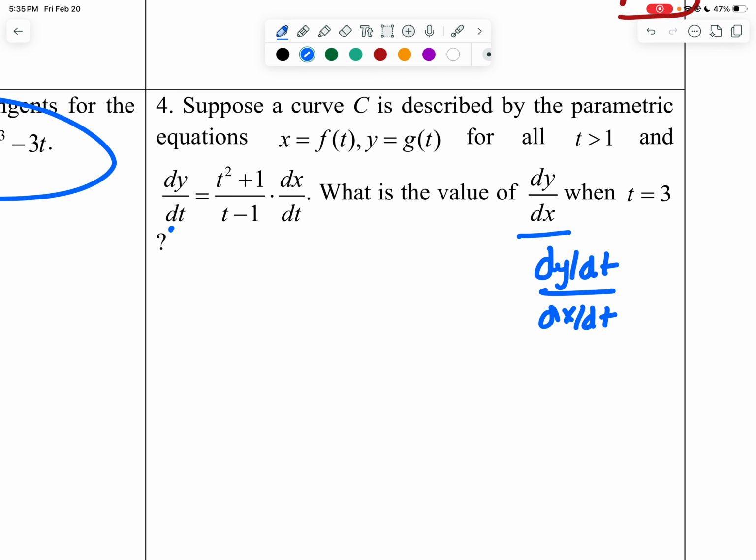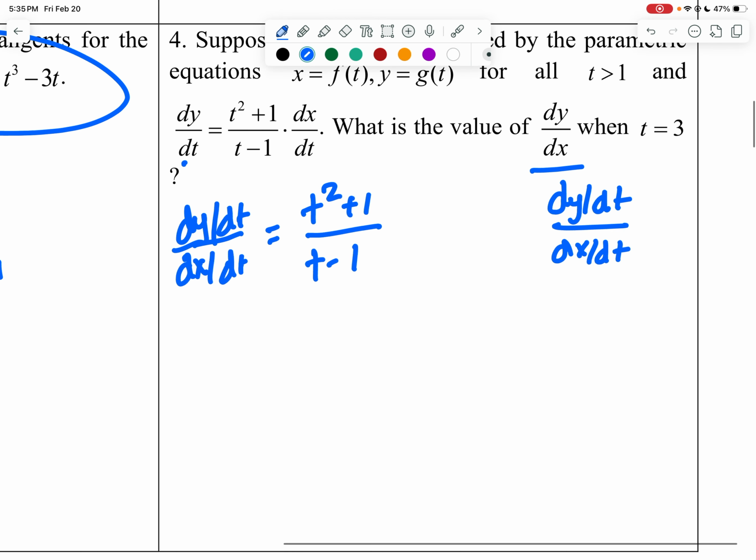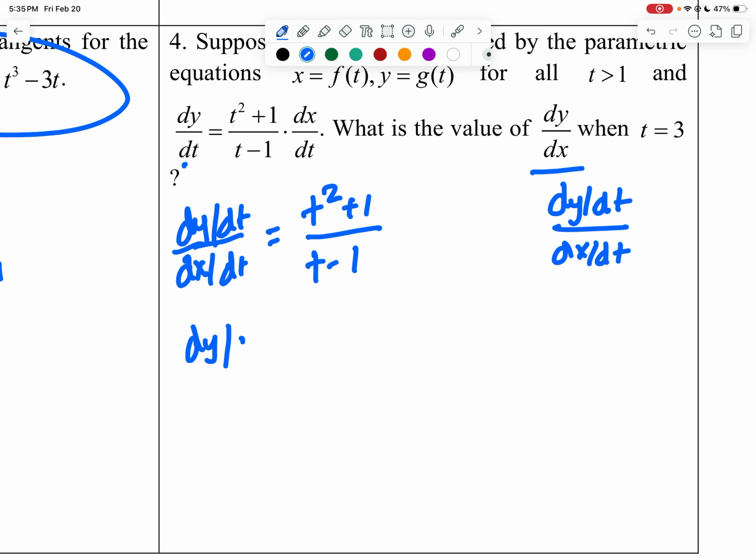Well, if I know that this is dy/dt, I'm just going to divide by dx/dt here. That means that I'm just left with (t squared plus 1) over (t minus 1). And then using our lovely notation here, at t is equal to 3, we are going to get 10 over 2, aka 5. That one was an easy one.